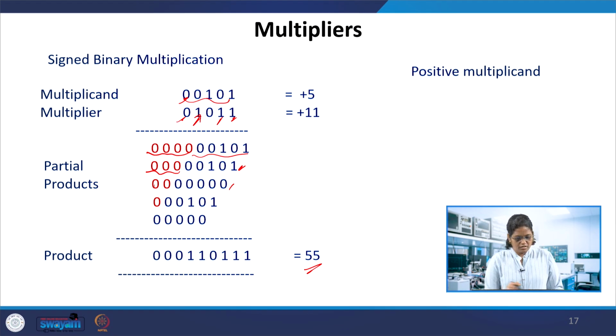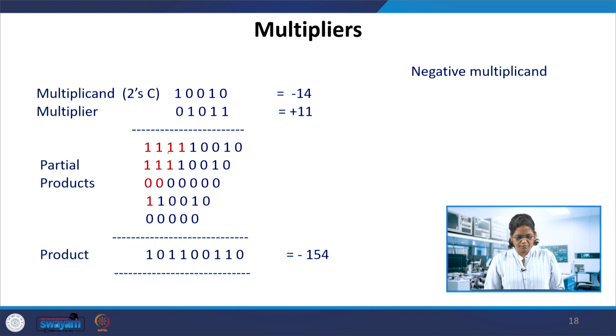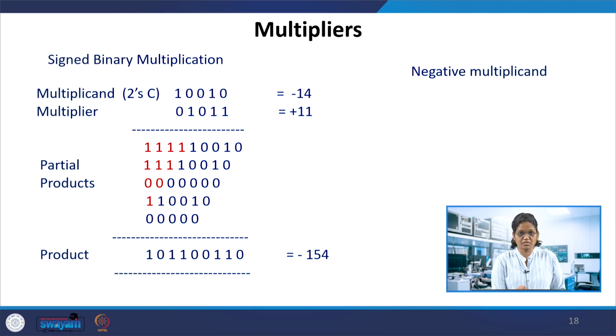So in the signed binary multiplication, the sign extension needs to be taken care of. Similarly, if we use the signed multiplication for a negative multiplicand, suppose this is taken as minus 14. For minus 14, the representation is the 2's complement.